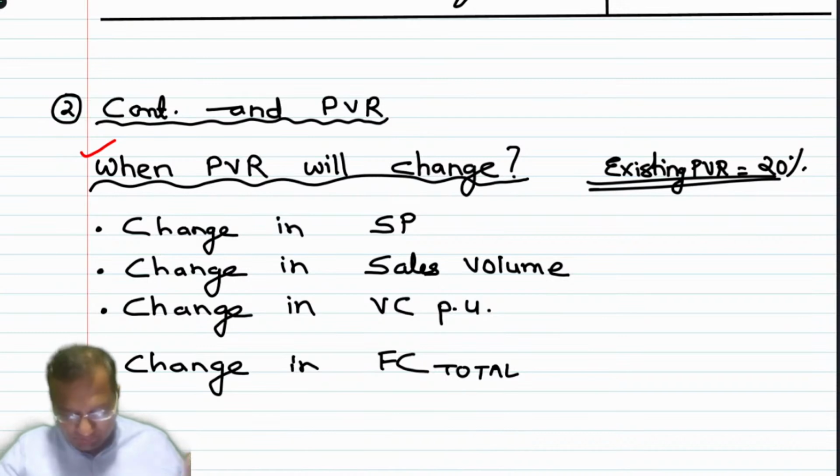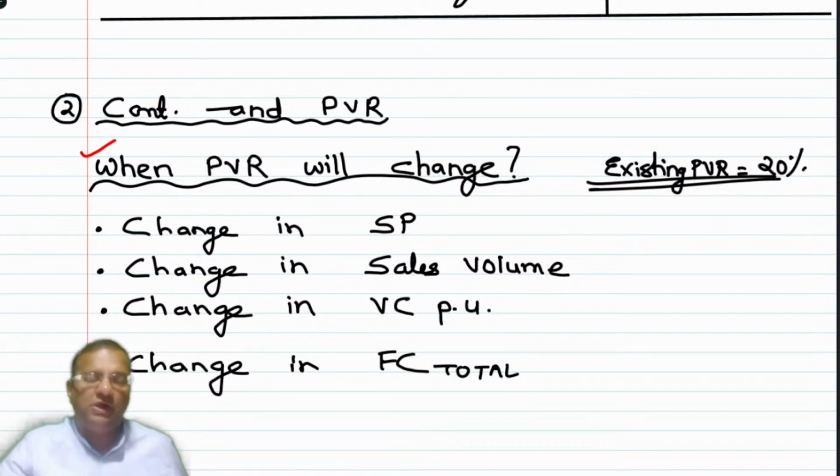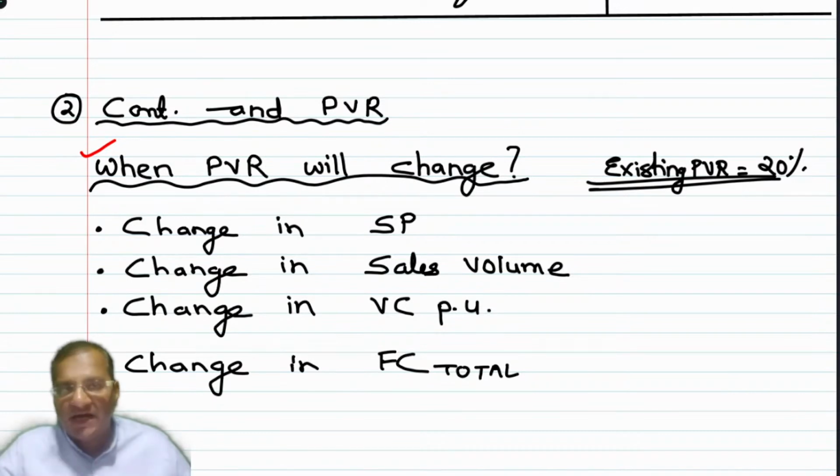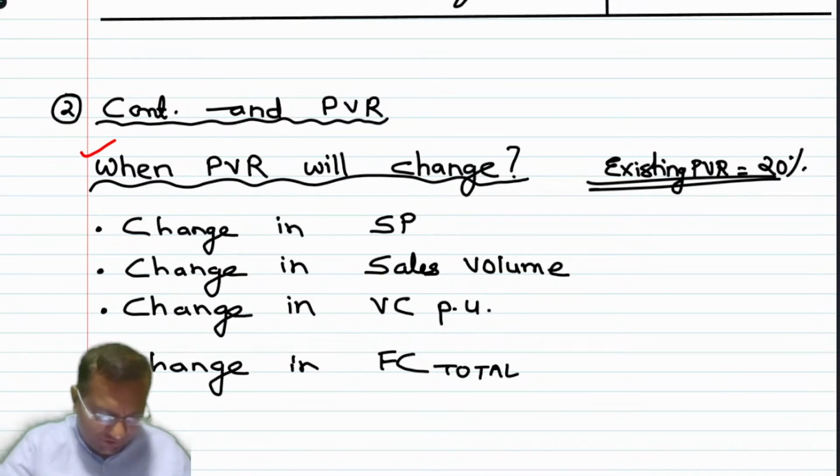Existing PVR means the PVR before such changes. Out of these 4 situations, in some my PVR will change, while in others the same PVR can be used even after the change. You have to identify that. It will be very helpful in almost all of the questions that we do in the marginal costing chapter. Okay, chill. 2 minutes time is available with you. Please answer.